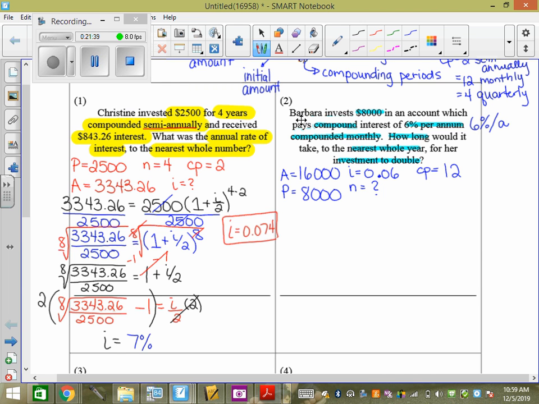So we go 16,000 equals 8,000 bracket 1 plus 0.06 divided by 12 to the 12n. The first thing I always tell you to do is divide that initial over.